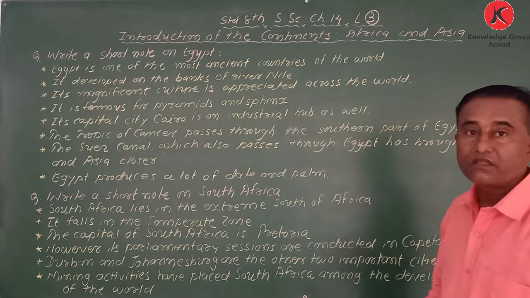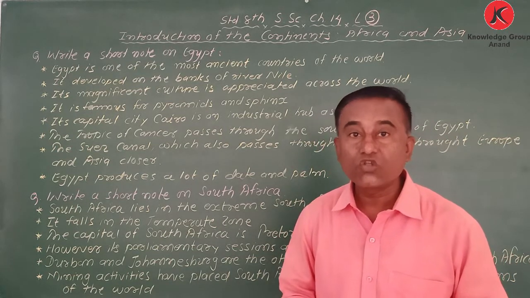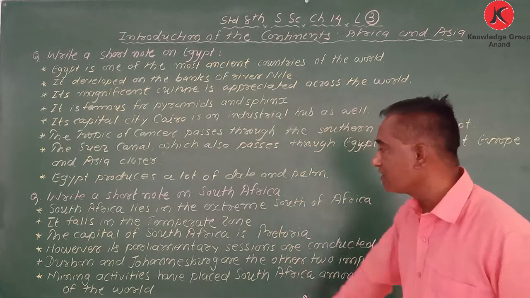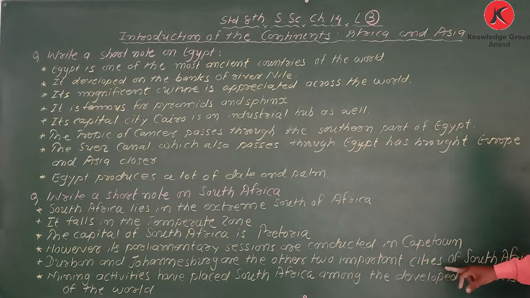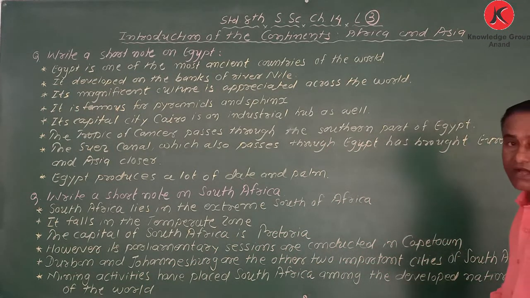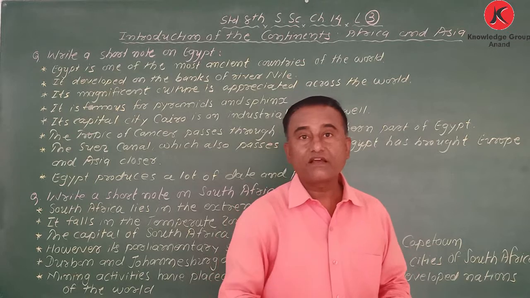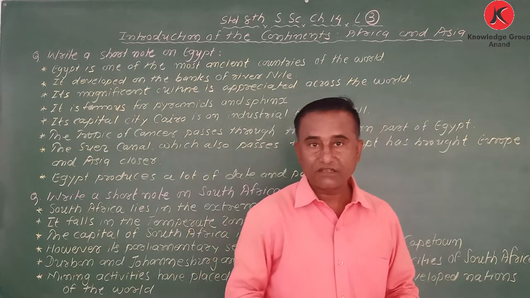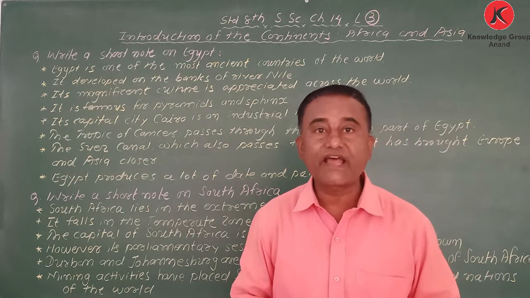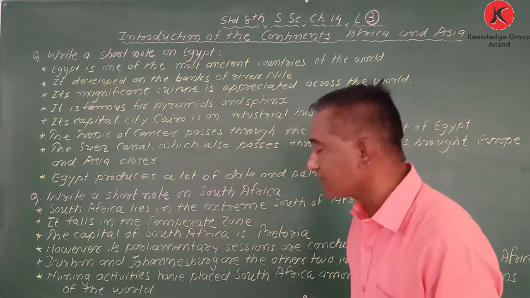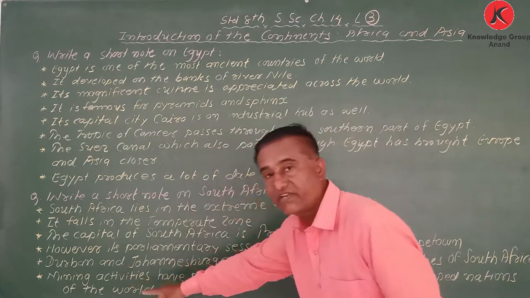Next one, the other important cities of South Africa are Durban and Johannesburg. My dear student, in olden times agriculture was the main occupation, but after they found gold mines and diamond mines in Africa, it developed because of mining activities.